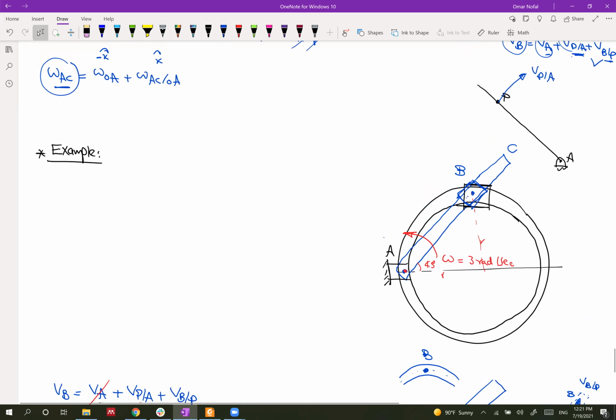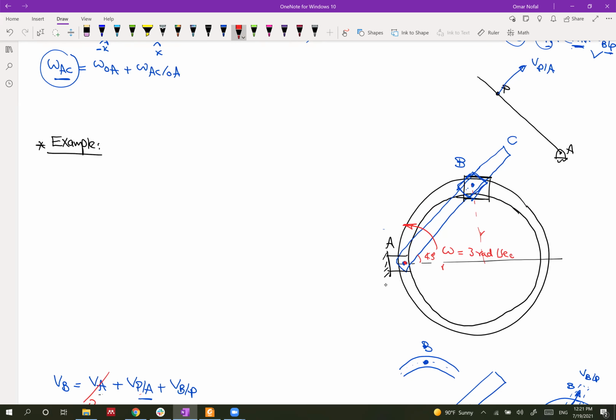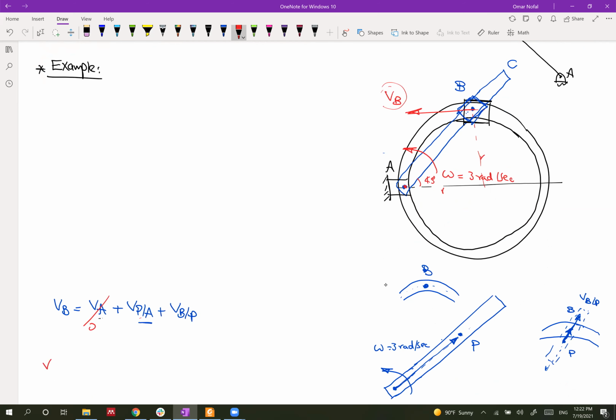First, given that this is a circle, you know that this VB is tangent to the base. So we know the direction of VB, but we don't know the magnitude. So we can have VB in the negative i hat. Let's make it in blue.